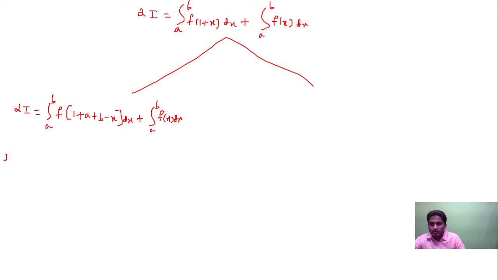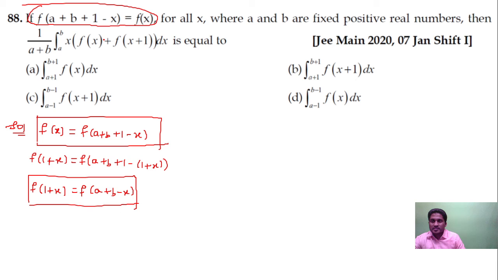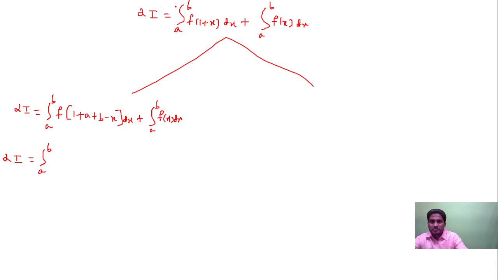Now 2i is equal to integration a to b, f of a plus b minus x plus 1 dx is same as fx, that is already given in the question. So this is fx, and then this is fx, a to b f of x dx.